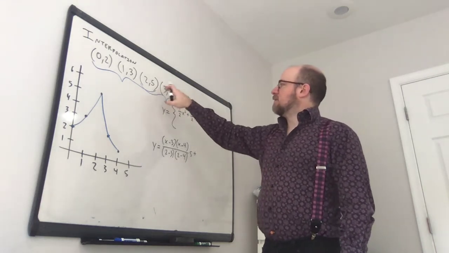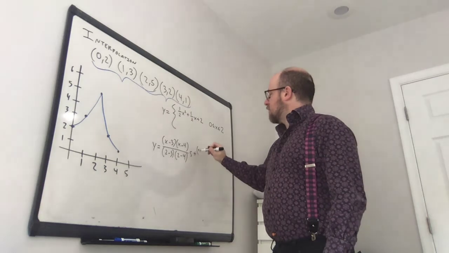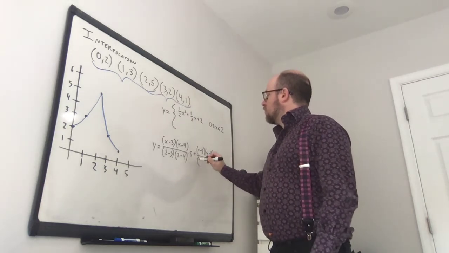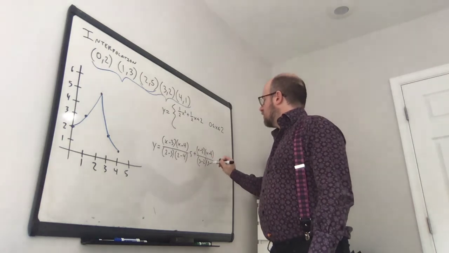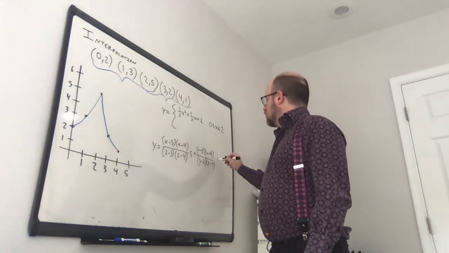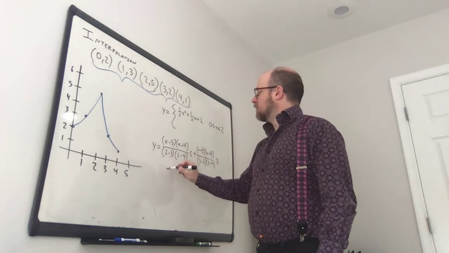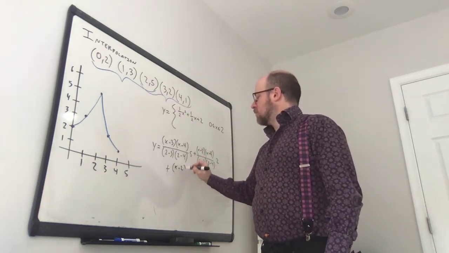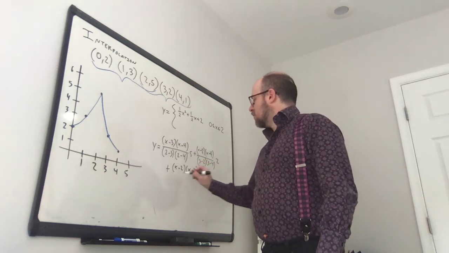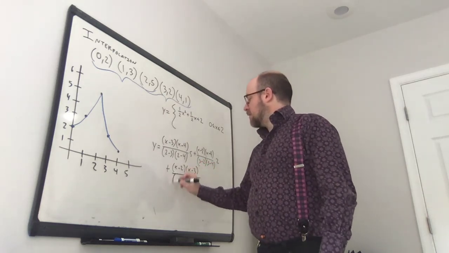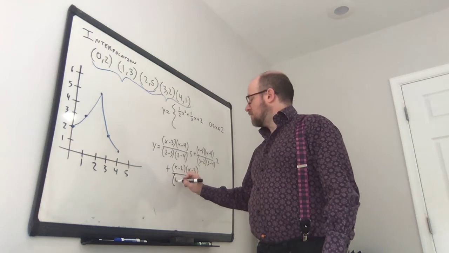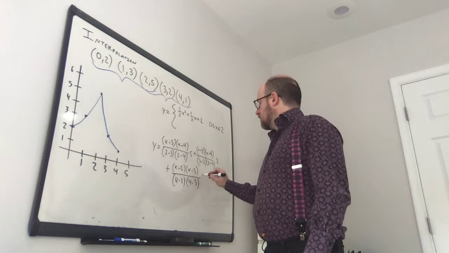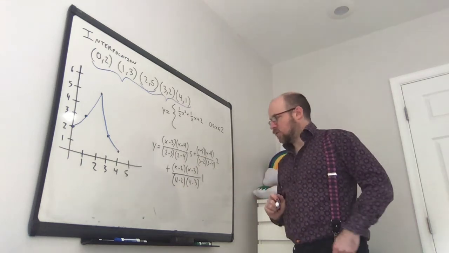And then skipping this one, (x minus 2)(x minus 4) over (3 minus 2)(3 minus 4), times 2, and then the last one, skipping this last point, (x minus 2)(x minus 3) over (4 minus 2)(4 minus 3), times the y value for that last point, y equals 1.